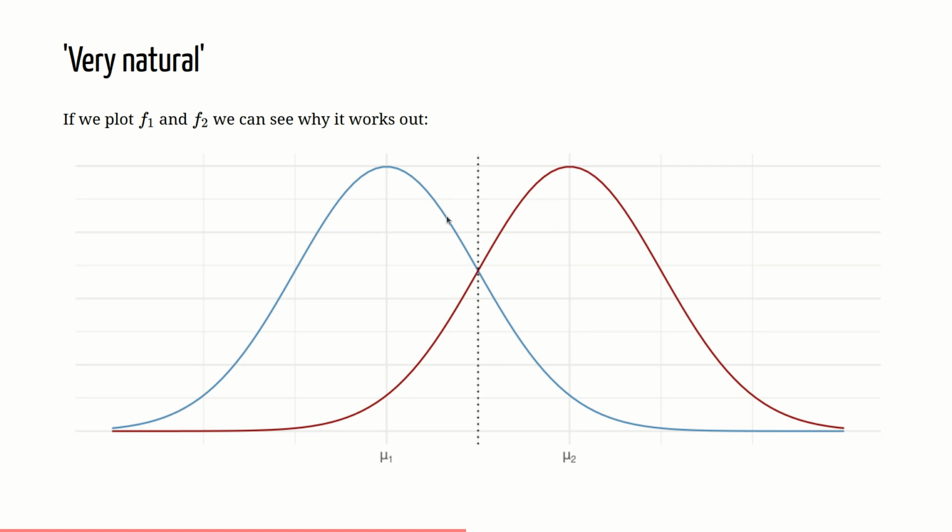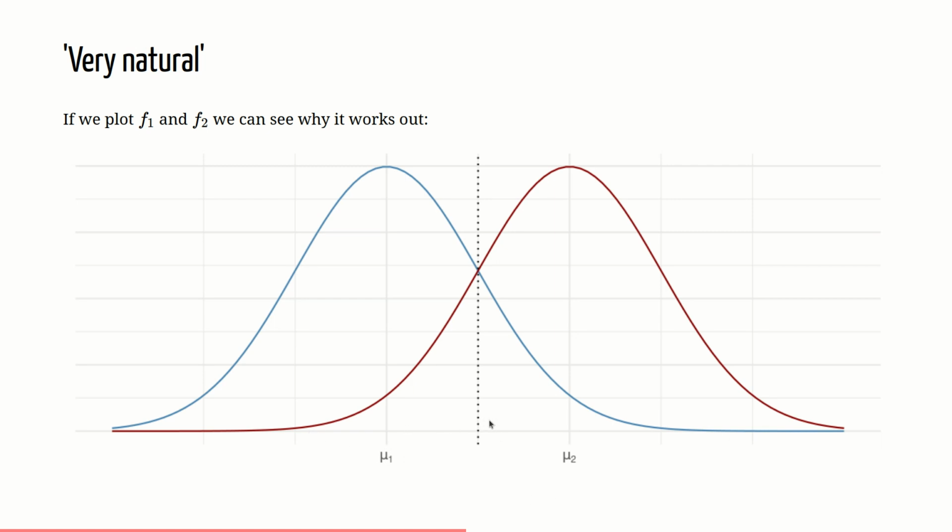If we're on this side, then the blue curve's higher than the red, so that means that f1 is higher than f2. Okay, so we're going to assign it to class 1. And if we're on this side, then the red curve's higher than the blue, and we're going to assign it to class 2. And that makes sense in terms of where the centers are. As long as you're closer to the center mu1, so you're to the left of that dashed line, you're going to be in class 1.